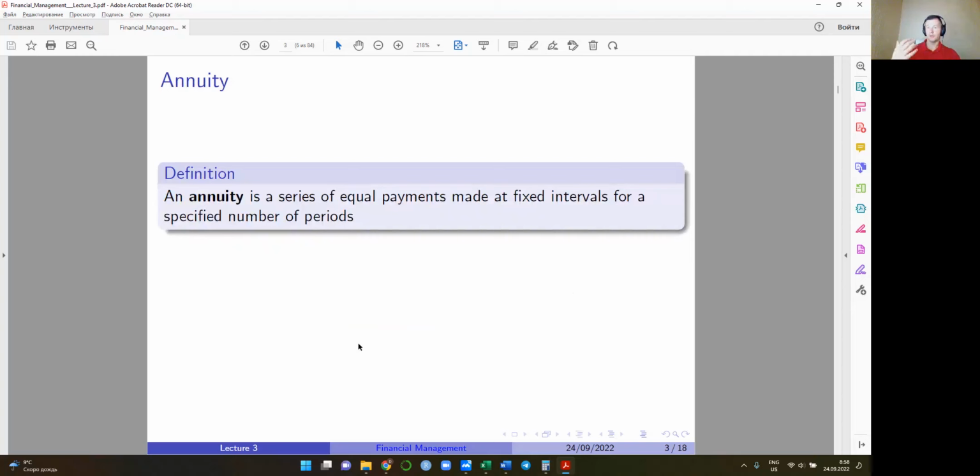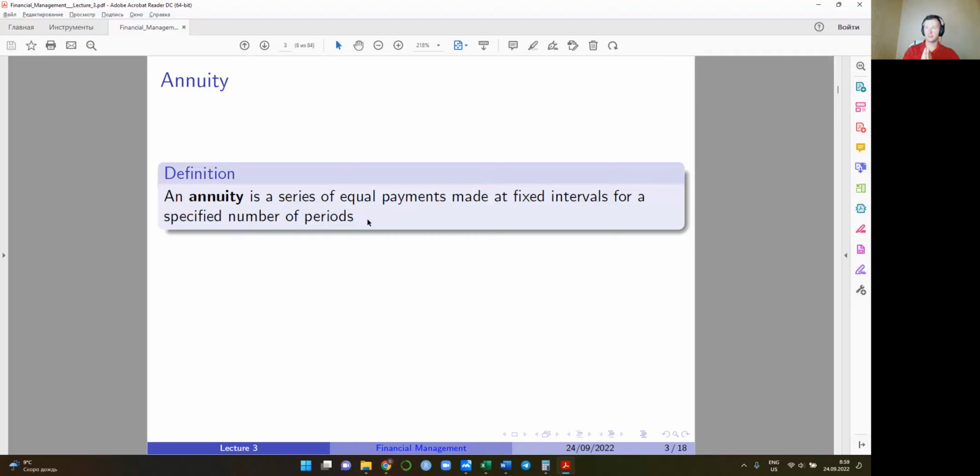Now, there is a special form of cash flow called annuity. So what is an annuity? An annuity is a series of equal payments made at fixed intervals for a specified number of periods. So we must have all these conditions together. There must be equal payments, so they are the same, like 10, 10, 10, 10, 10, for example.